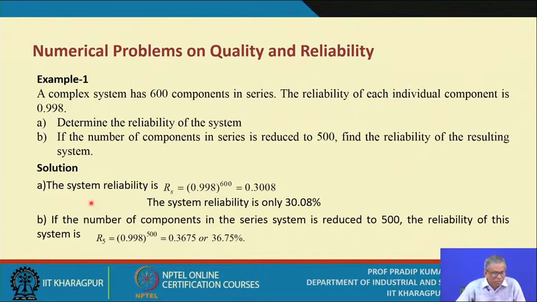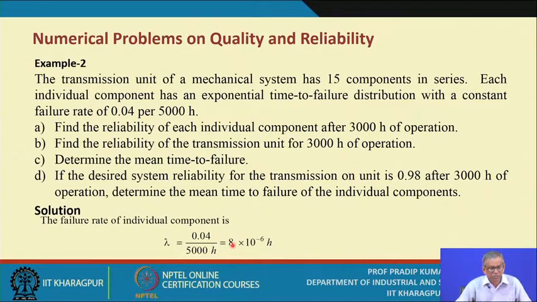So this is the system reliability: 0.998 to the power 600, that is 0.3008. So the system reliability is only 30.08%. If the number of components in the series system is reduced to 500, the reliability of this system is 36.75%. So this is just a simple example, right?